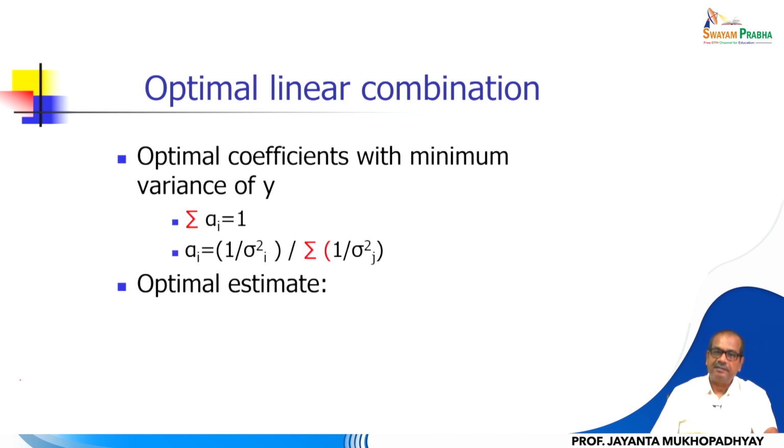It can be shown that this is a convex combination, which means the sum of the coefficients should be 1 and all of them are positive, and a_i is inversely proportional to the variance of that same random variable. So you can see this is a weighted operation, a fraction of that. This is a very simple result and can be proved easily. Finally, your optimal estimate would be this linear combination with this set of coefficients.